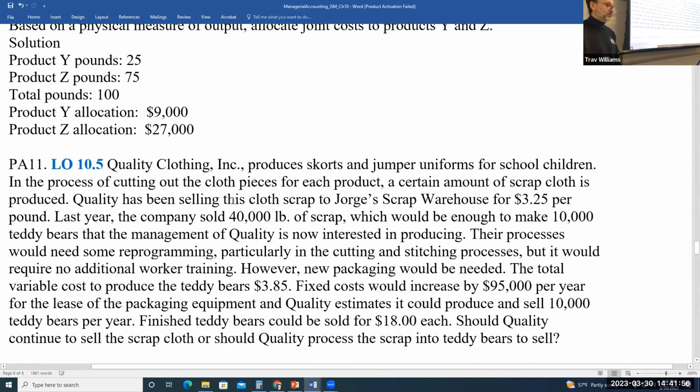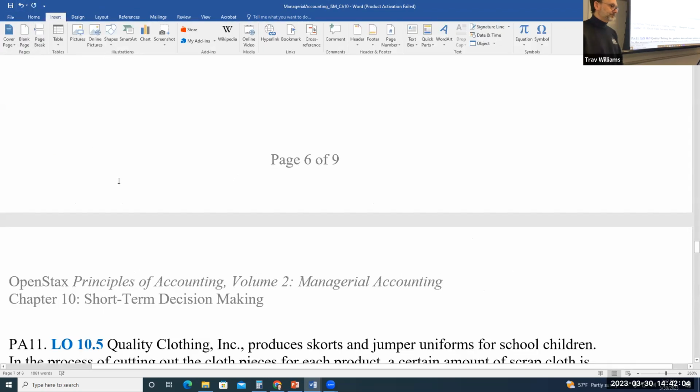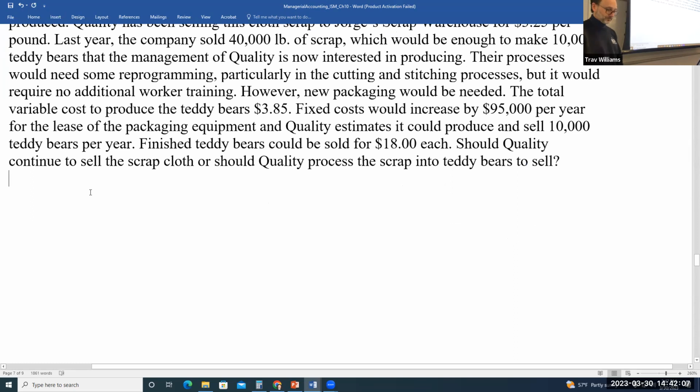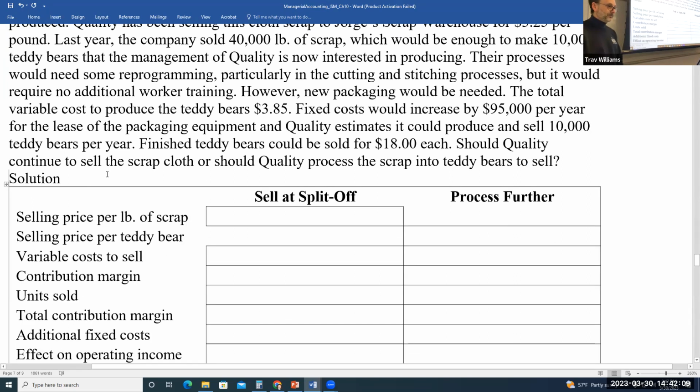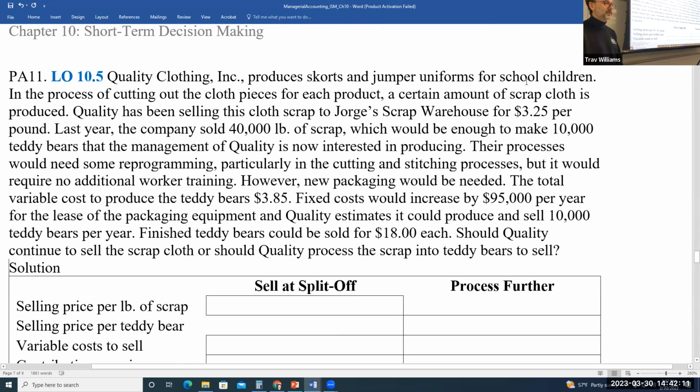Okay, then our last problem. This company produces skirts and jumpers, okay?